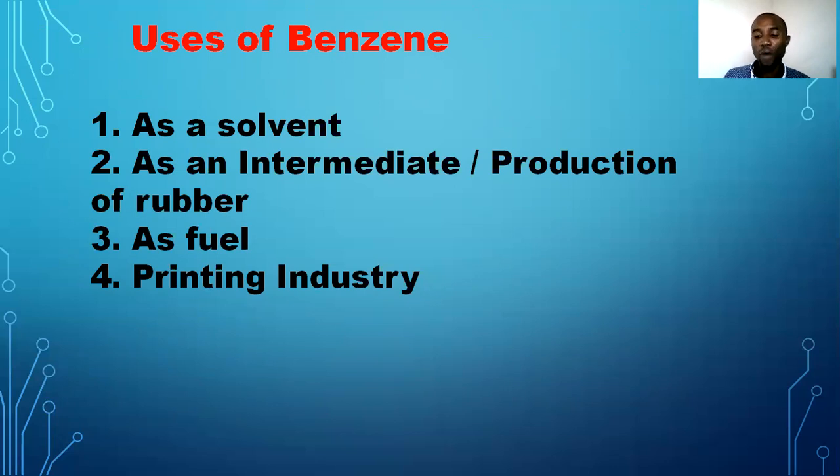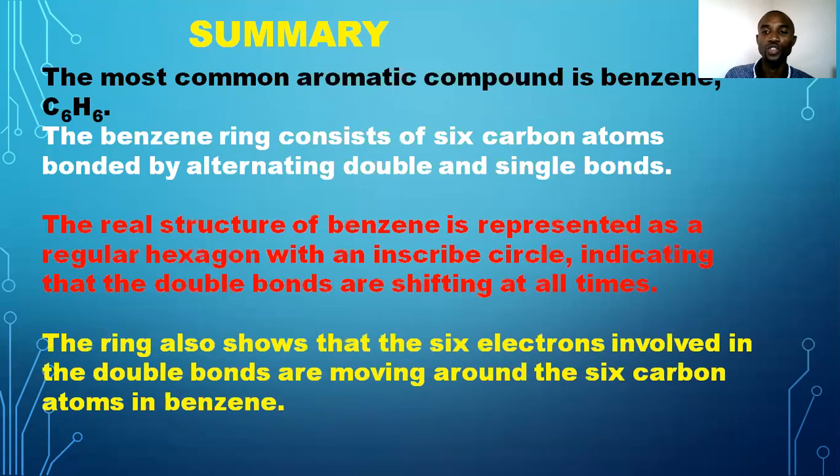That is it. So far, we have discussed benzene, the structure of benzene, the examples of benzene derivatives, which are compounds of aromatic hydrocarbons. We have talked about how to prepare benzene, the physical and chemical properties of benzene, and then uses have also been discussed. And we said that the common compound of aromatic hydrocarbon is benzene with the structure C6H6.